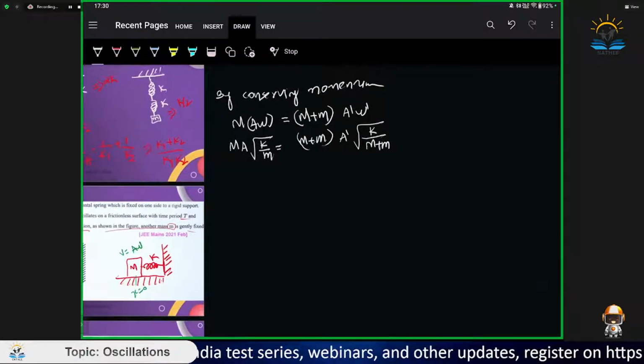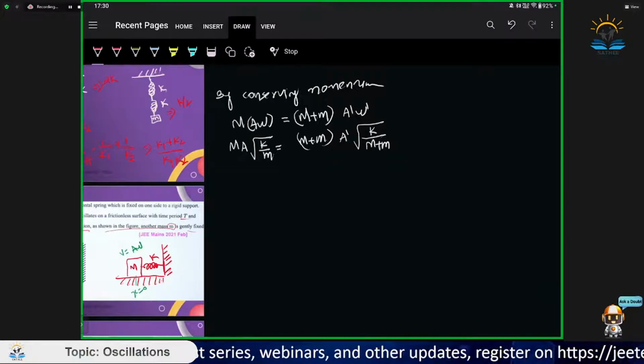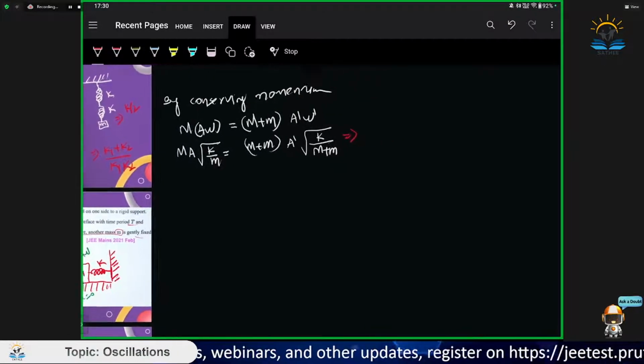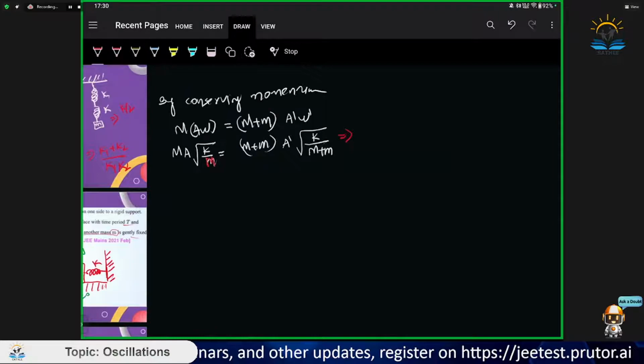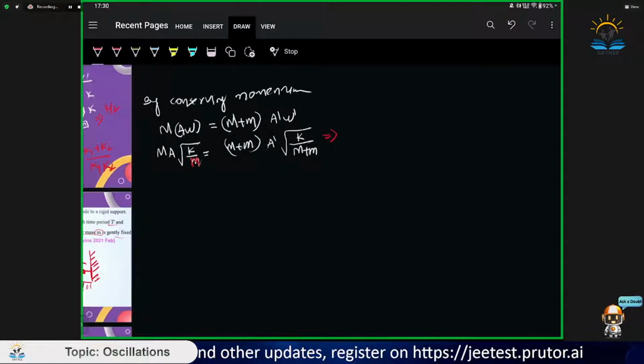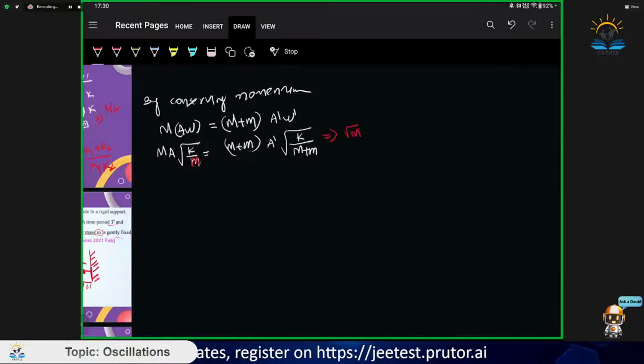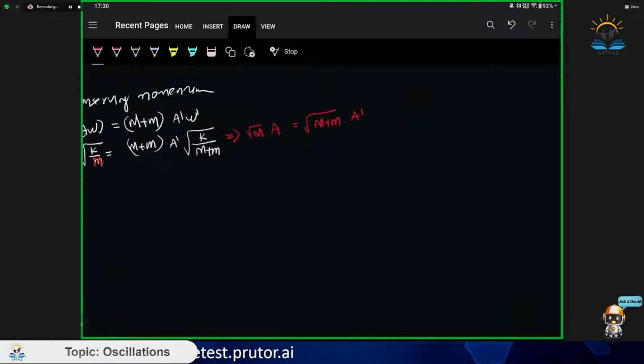Okay, so let's solve this. This is capital M. So root M, the root k we can cancel, equal to root of M plus m into A dash.